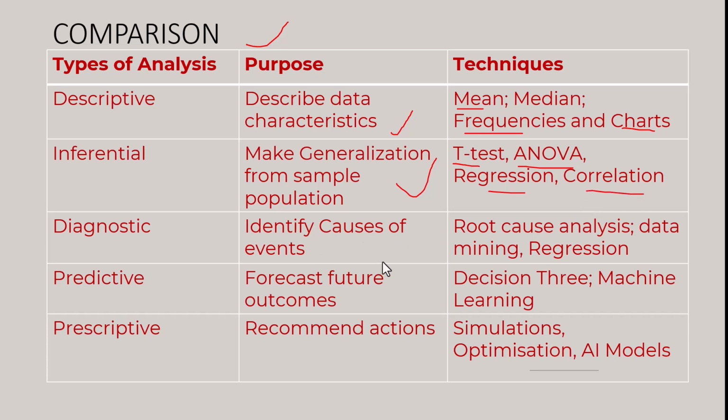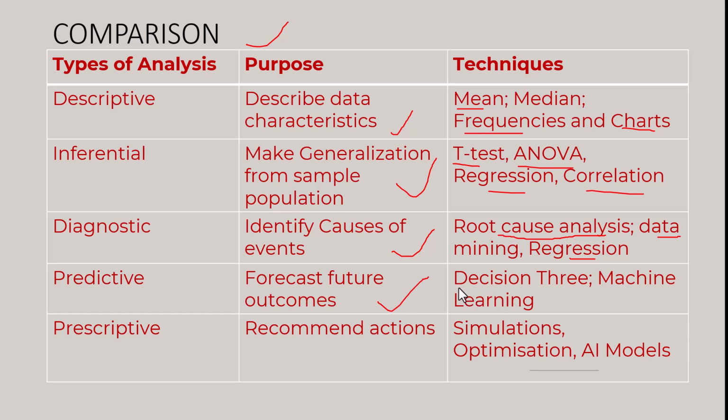We have the diagnostic analysis, which identifies causes of events. Techniques that can be used include root cause analysis, data mining, regression, and any other tools that fall under this category. We have the predictive analysis. The purpose is to forecast future outcomes.